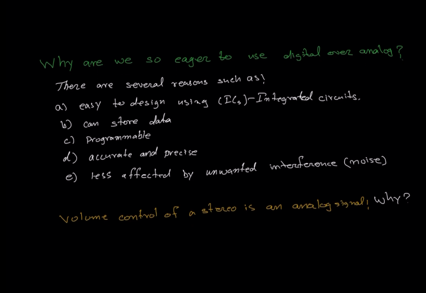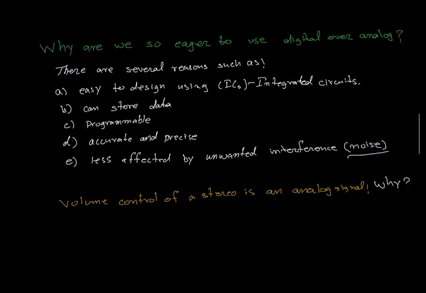Number five, it is less affected by unwanted interference, and we call that noise. What is noise? It's unwanted signals or interference in a signal system.